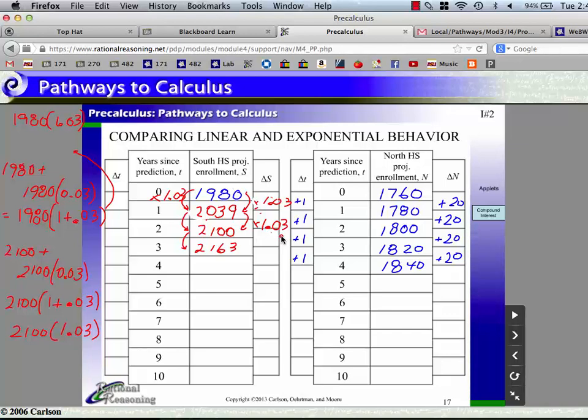So exponential growth is multiplicative growth. It's based on multiplication, right? Constant rate of change, now this is kind of new, look at this, constant rate of change, based on what? Addition, additive growth.